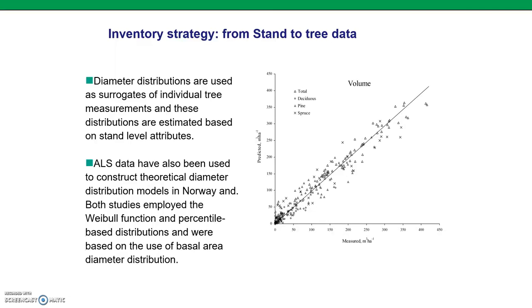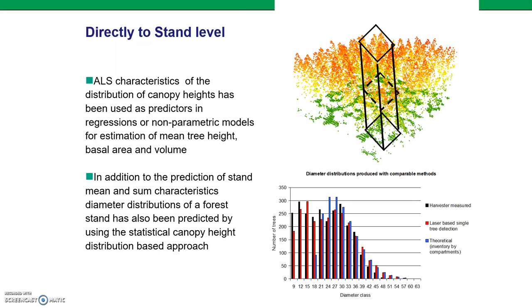But maybe the most operational is still the direct prediction of the whole diameter distribution based on LiDAR metrics. We predict directly, using nearest neighbor or most similar neighbor technologies, very often to predict the characteristics of forest stands.